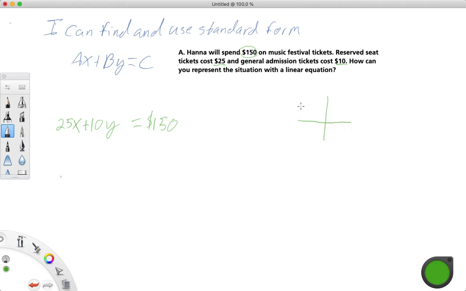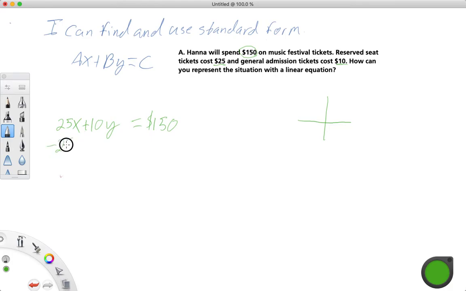That's what the ratio is. But to graph this, it's pretty hard to do like this. And so we do want to get it into our slope-intercept form. So let's get into slope-intercept form, and we're going to solve for y.